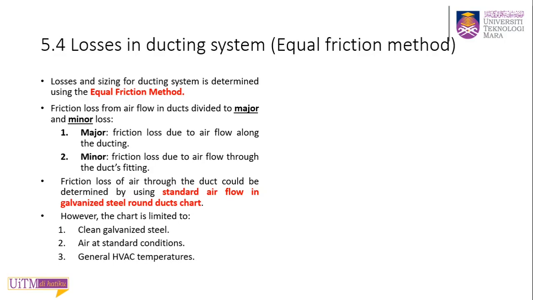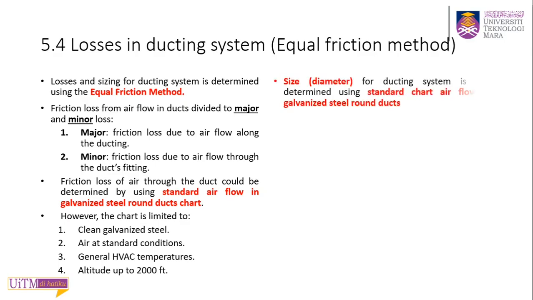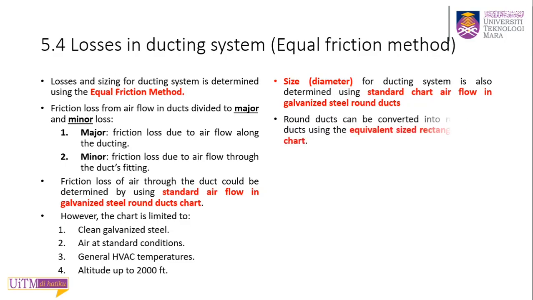And number four, it can only be used to an altitude of up to 2000 feet. The standard airflow galvanized steel round duct chart can also be used to determine the diameter of the duct. The round ducts can then be converted into rectangular ducts using the equivalent size rectangular ducts chart.